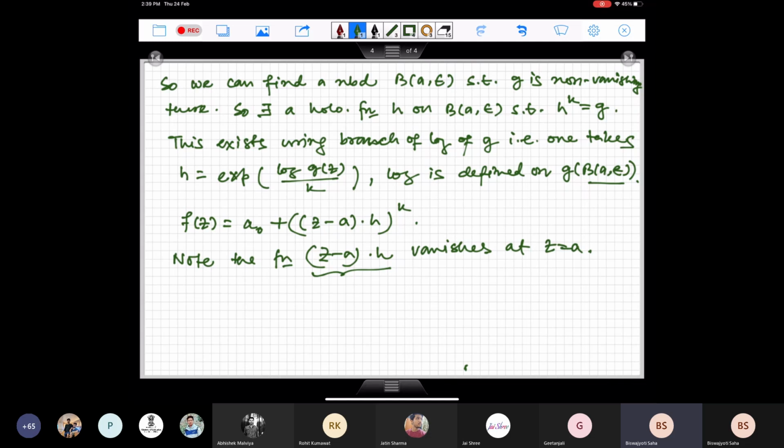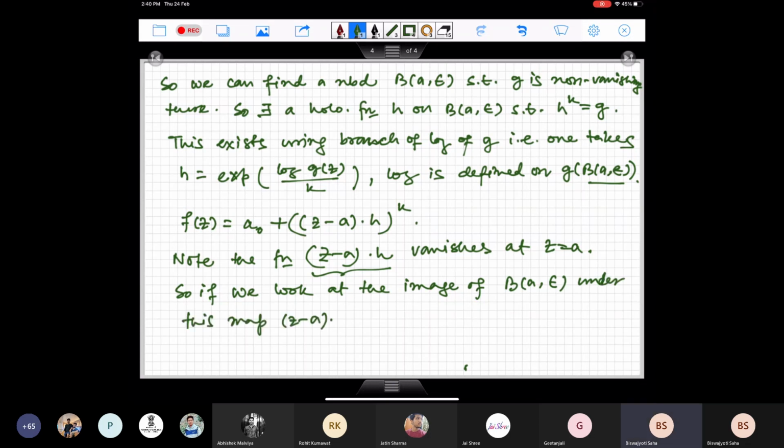Okay, so if I look at the image of B(a, epsilon) under this map, z minus a times h, this is an open set containing 0.